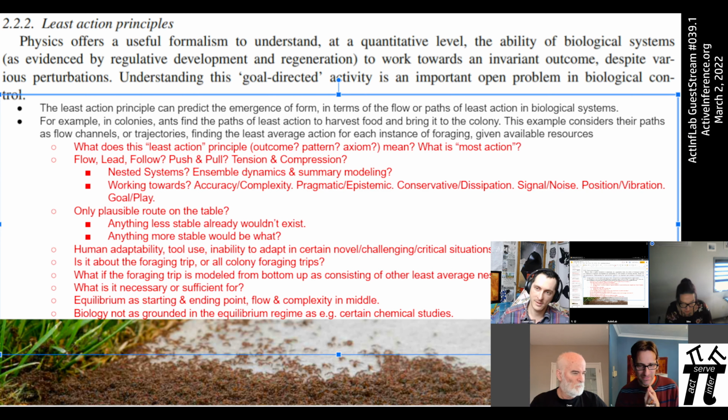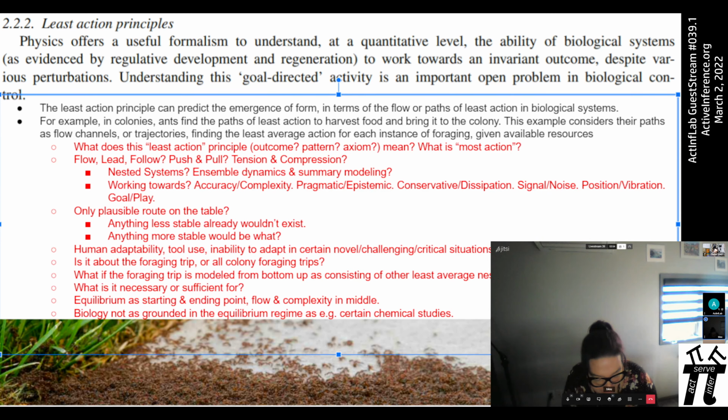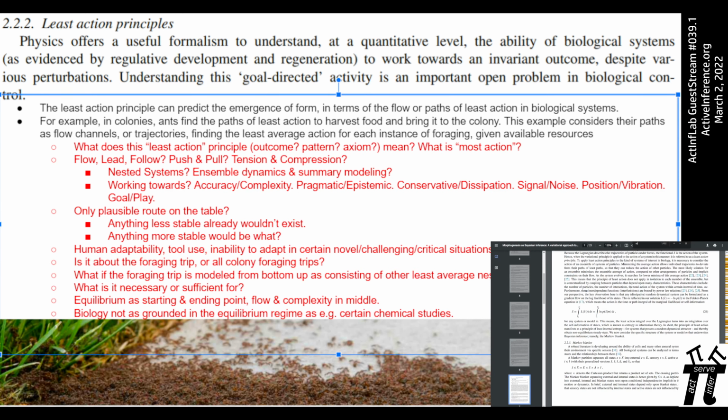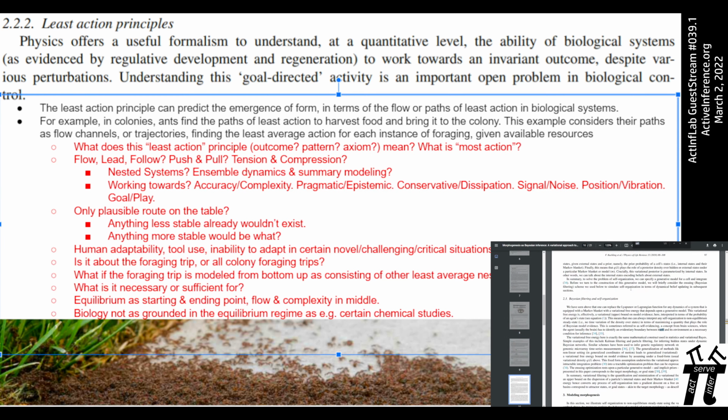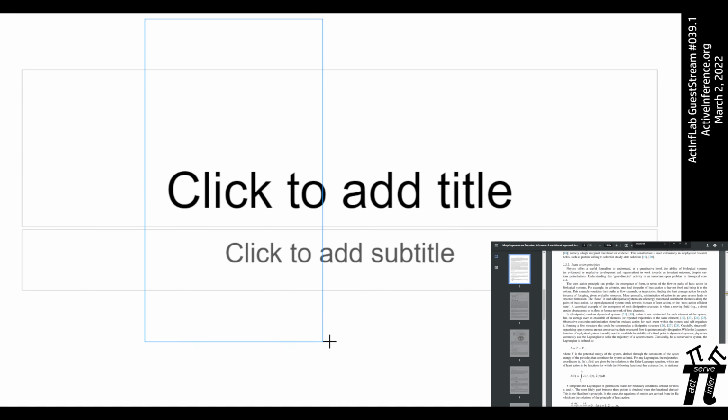So just to read a quote from the paper, it says, "Since self-organizing open systems are not conservative, their structured flow is quintessentially dissipative." It's in the third paragraph in the least action principle section.